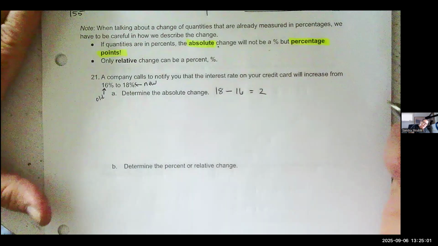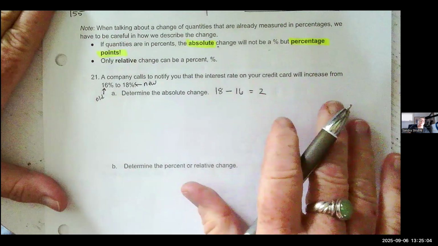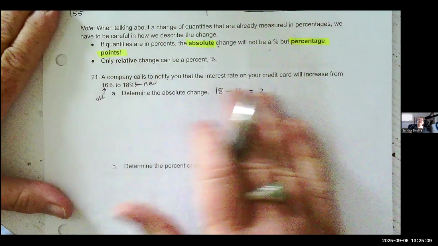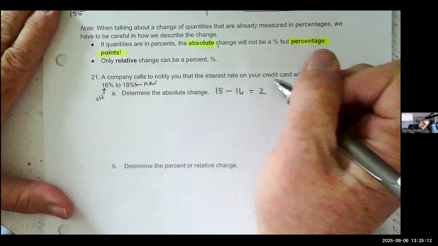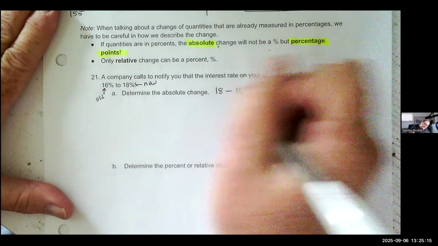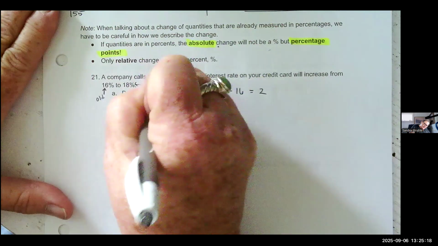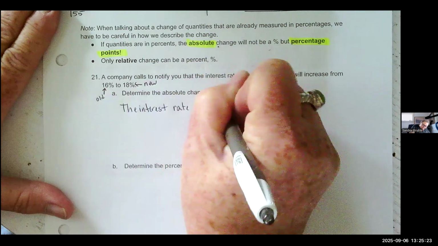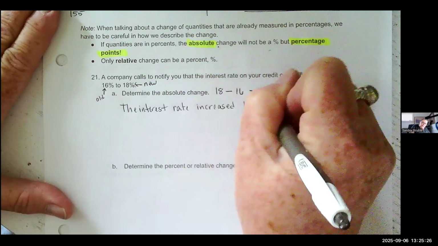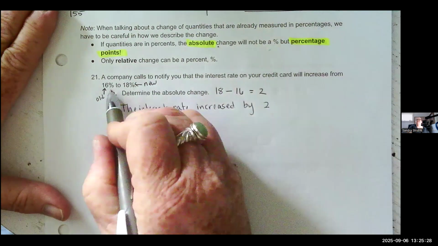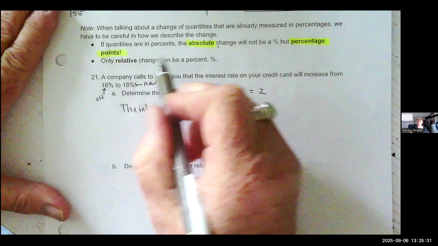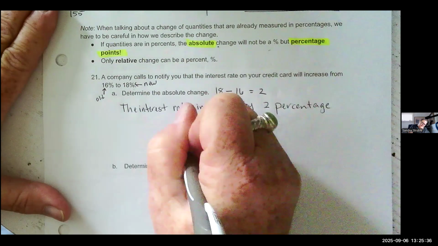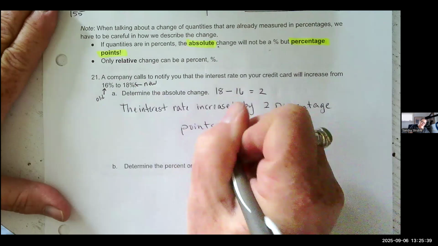And to write the sentence, this is the one that's the most different out of everything you're going to see for this: the interest rate increased, because it's positive, by 2, not percents, even though this says percents, it's 2 percentage points. Be very careful with this, and this will be on your test.